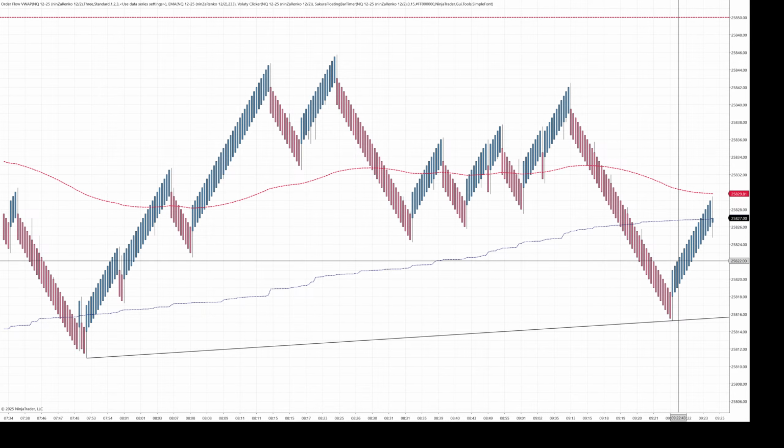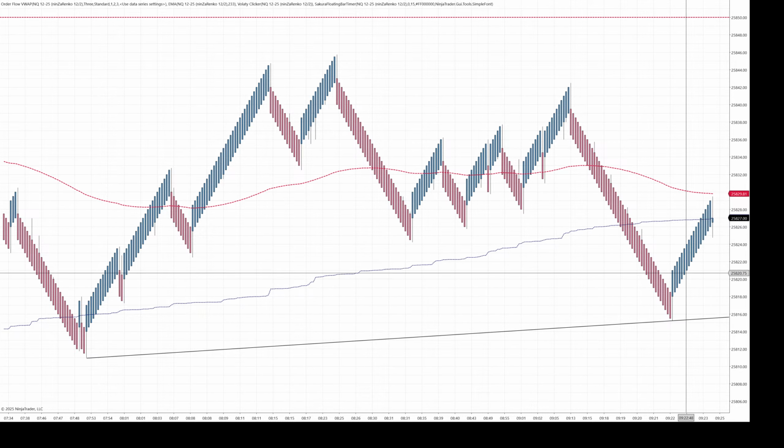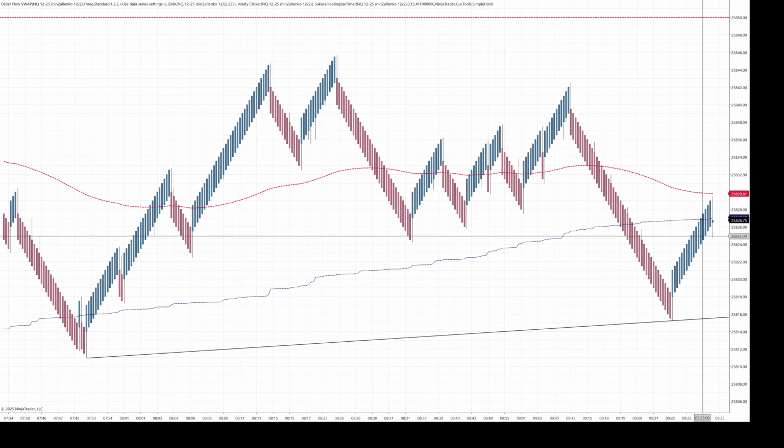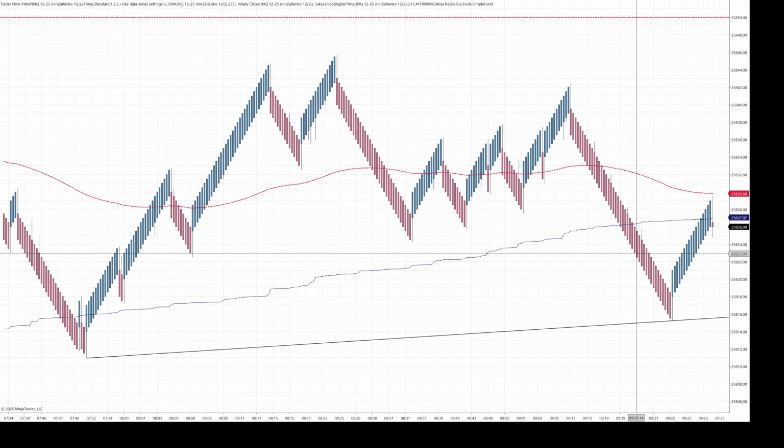So if we keep moving higher, I think for every two points here, we create a new brick, a new brick, a new brick. And so you're able to actually see price movement a lot clearer in this format. You're also able to identify where price might be reversing because it's literally changing directions, right?